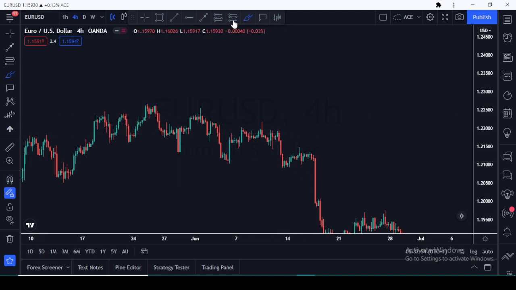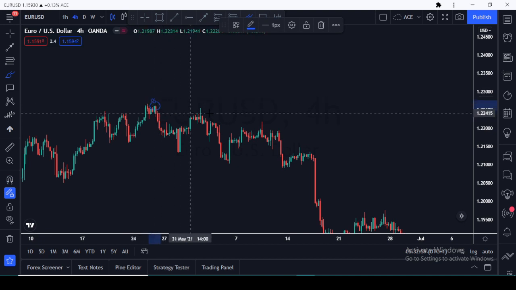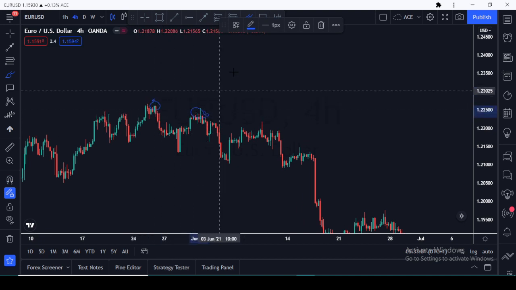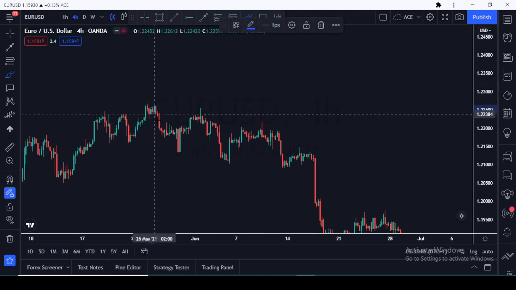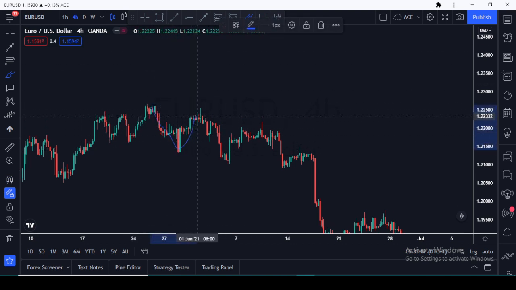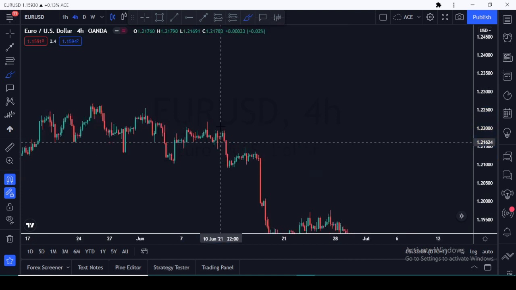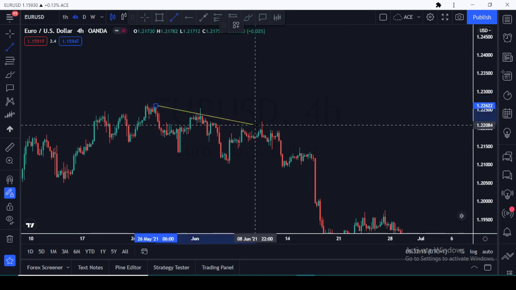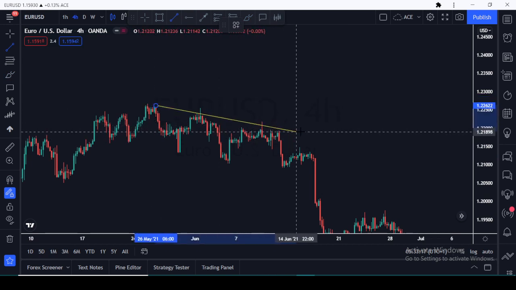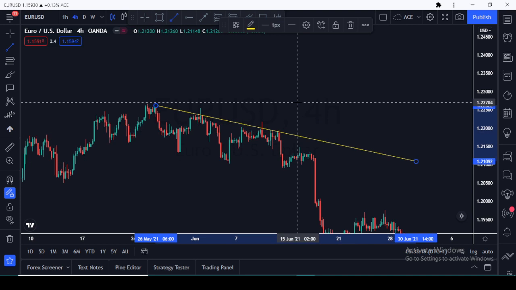What do we see the market do? We first formed the highest point here, then we formed another point. This gives us our 1 2 3 move, like I mentioned earlier, which has already given us 2 points to connect together. So we connect this high and this second high together and extend it.